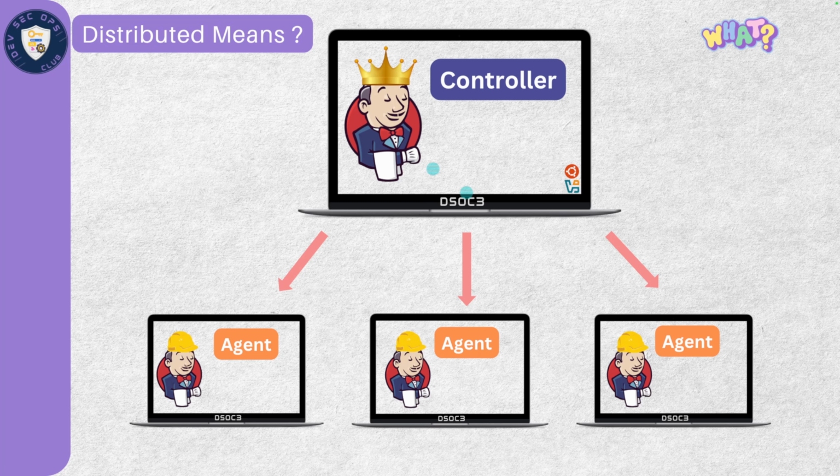Another thing: how do you decide which is going to be the controller? If this is a question for you in an interview, you can simply answer that where you install Jenkins the first time will automatically become your controller, because all the configuration and files are there. It is also possible to migrate later.